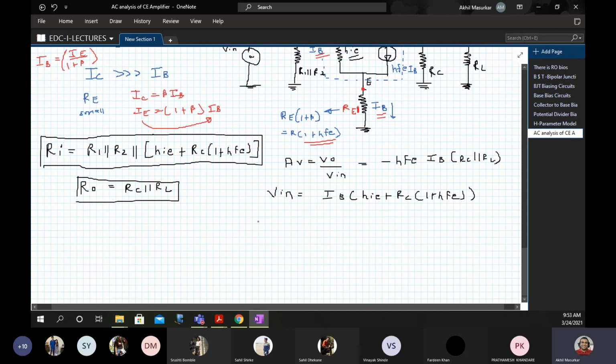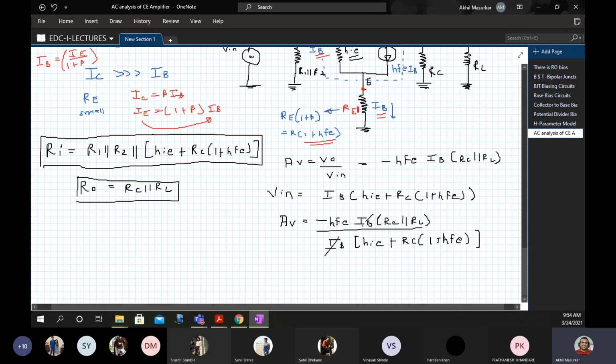So AV is equal to minus HFE IB into RC parallel with RL upon Vin, which is IB into HIE plus RE into 1 plus HFE.